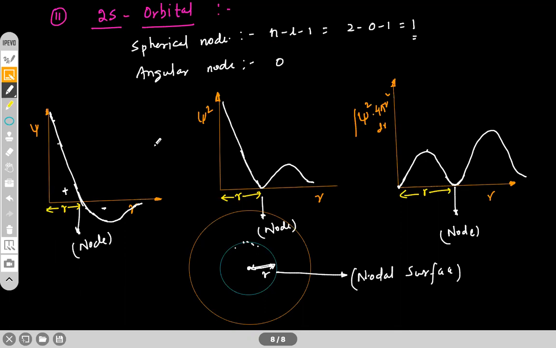Now, another thing they can ask you: what is the nodal surface for one particular orbital?